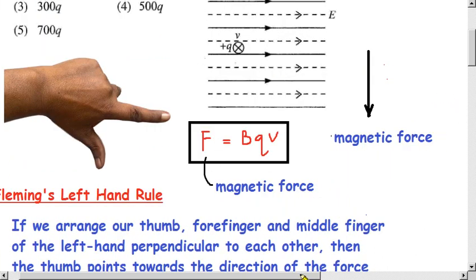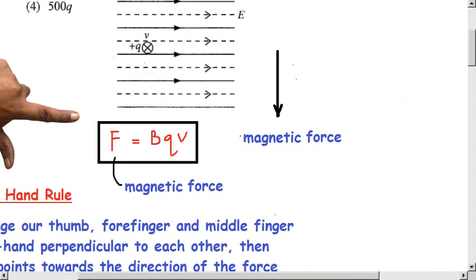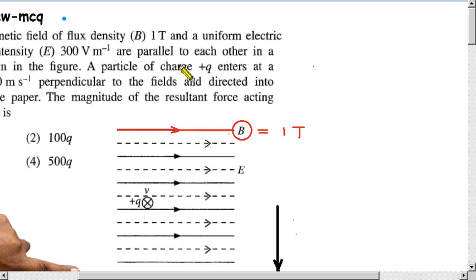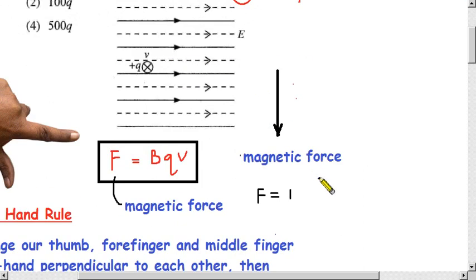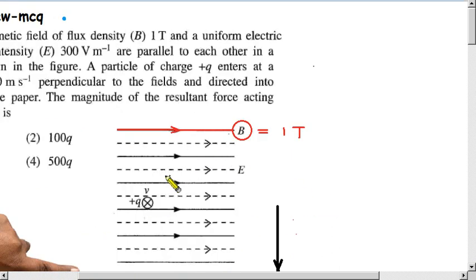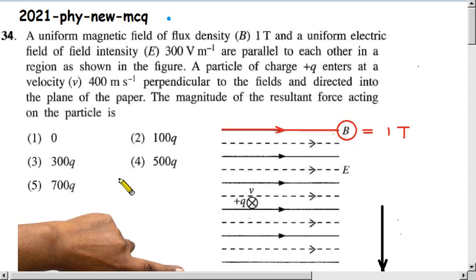So now we need the magnitude of this magnetic force. Using this equation we can substitute: F equals, B is given, 1 Tesla. Here you see 1 Tesla, that is flux density. The charge is not given, so we have to take it as Q itself. The velocity they have given. What is the velocity of the charge? 400 meter per second.